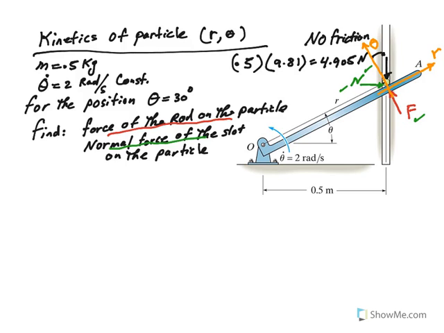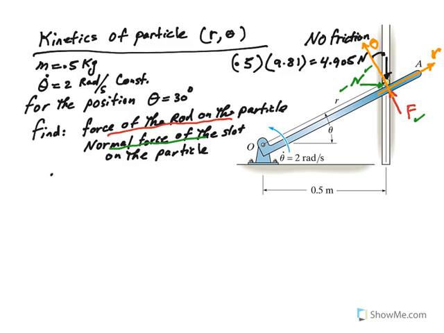So this will be the theta axis. Once you define r and theta, then you're ready to go ahead and find your radial acceleration and transverse acceleration. That requires a little bit of work and a little bit of differentiation.